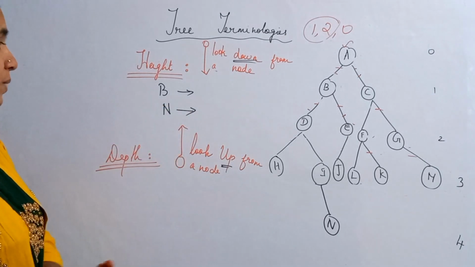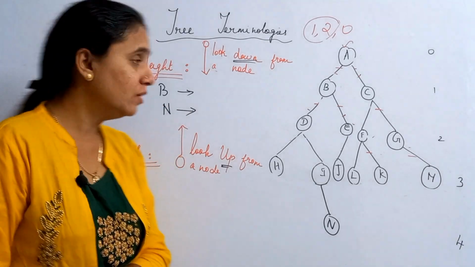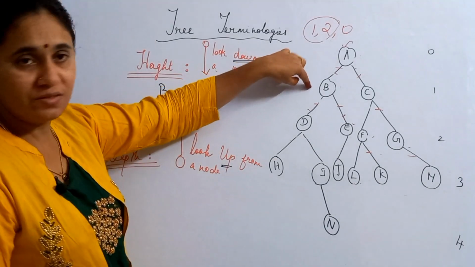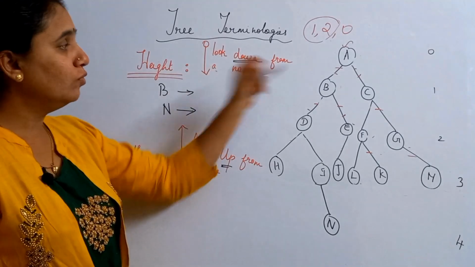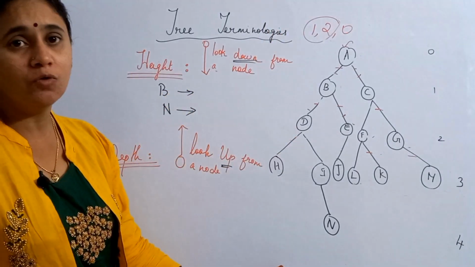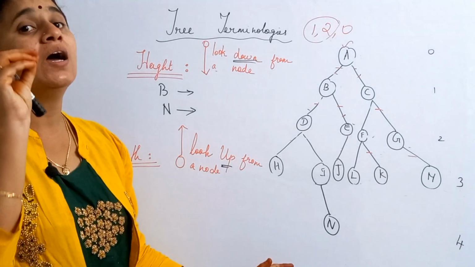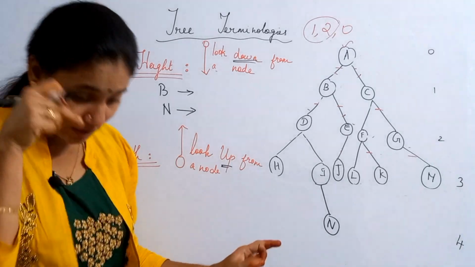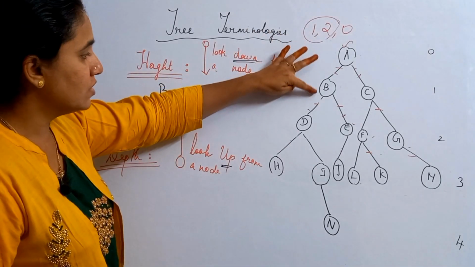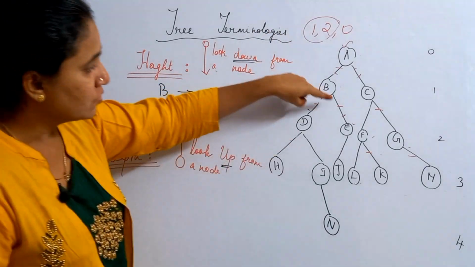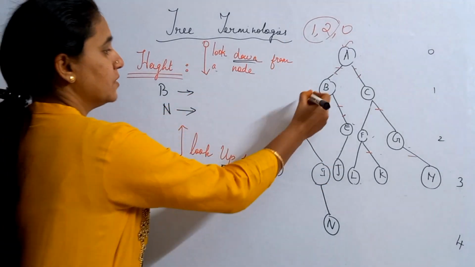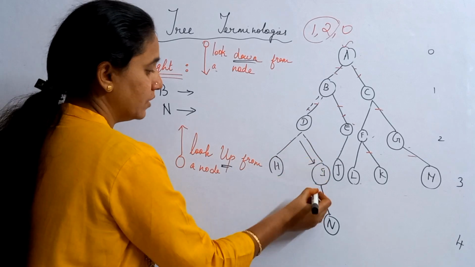Now you tell me, I want to find the height of B. So where is B? B is here. Look down from the given node. The maximum number of edges present in the downward direction is called the height. From B you see this is present, and this is also present, and like this also it is present. So we must take the maximum edge.